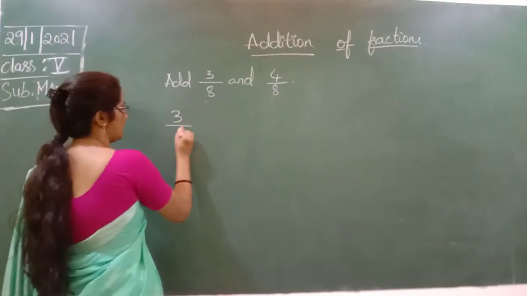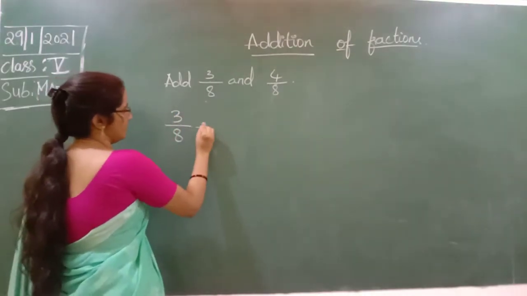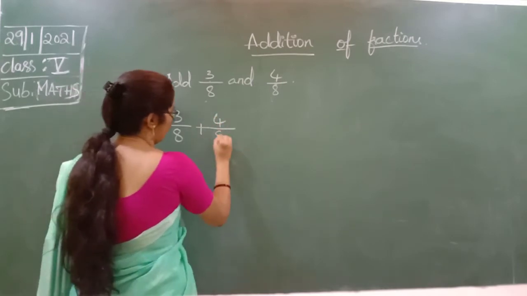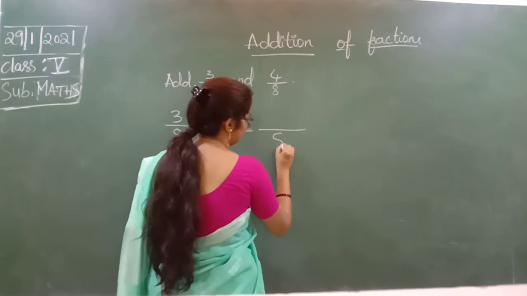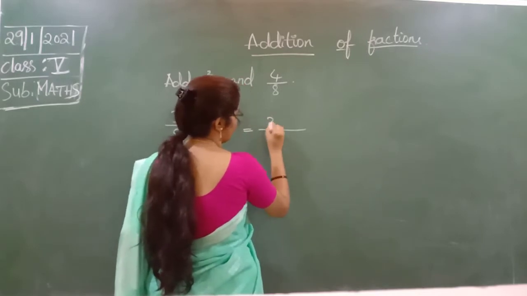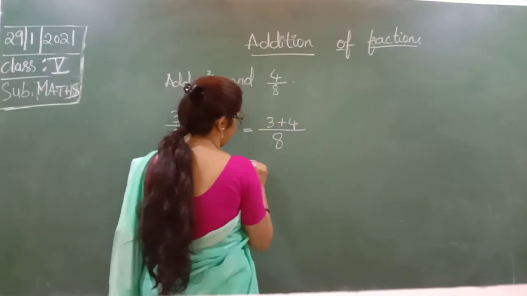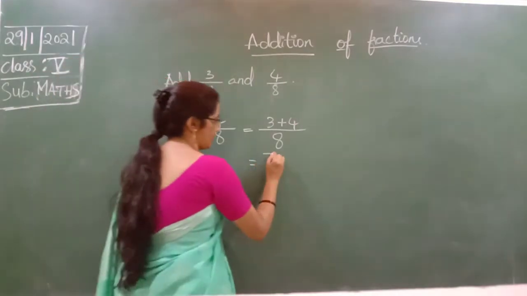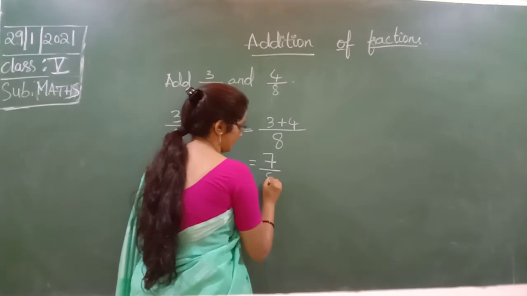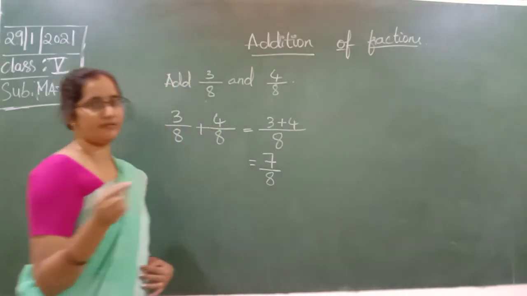Then 3 by 8 plus 4 by 8 equal to, put 8 as the denominator. 3 plus 4, directly you have to do 3 plus 4. 3 plus 4 is 7.